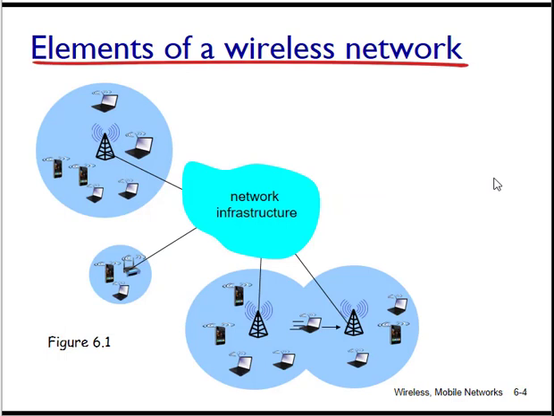Figure 6.1 shows the setting in which we consider the topics of wireless data communications and mobility. We can identify the following elements in a wireless network.